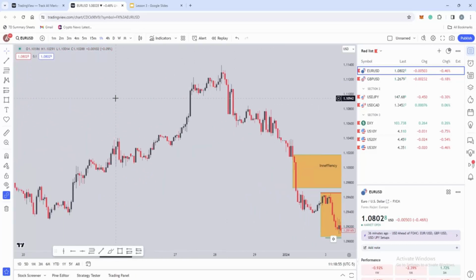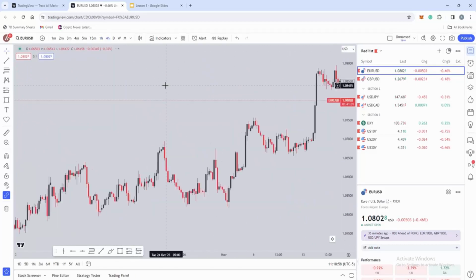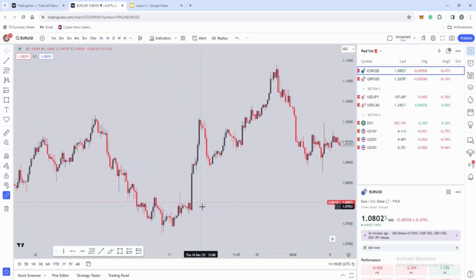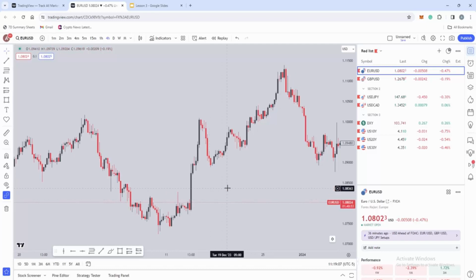Okay, let me go to the 4 hour. Let me clear all of this for you. Alright, so this over here is what we would call bullish expansion. All of this, right?